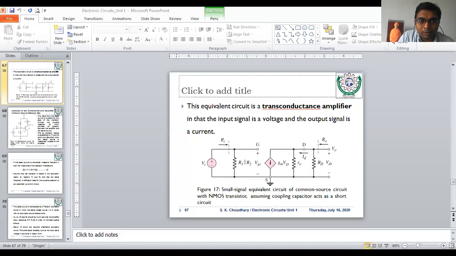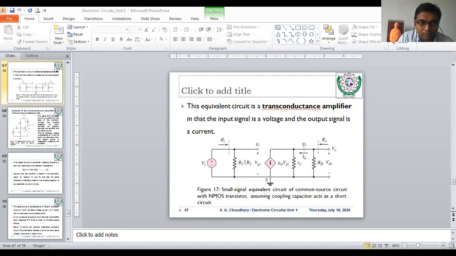This is your VDD, and here we have taken one capacitance, and there is one AC voltage source. This was the first diagram we have taken as a common source configuration.